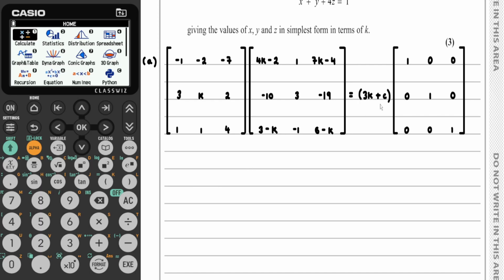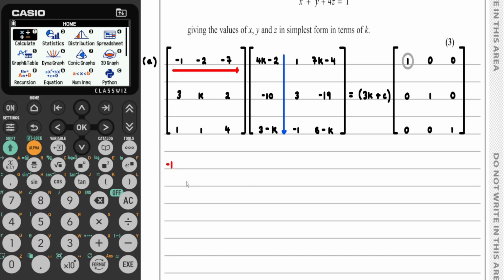Now, what we can do to find the value of C is look at the element here. How do we get this element? Well, we multiply this row by this column.